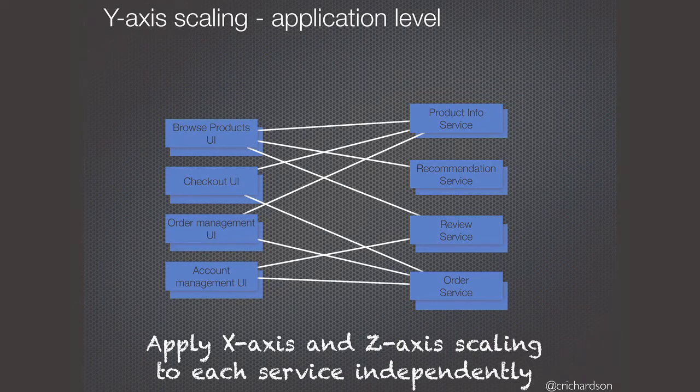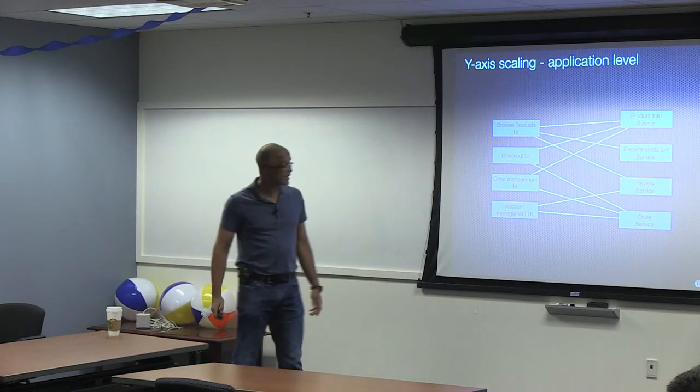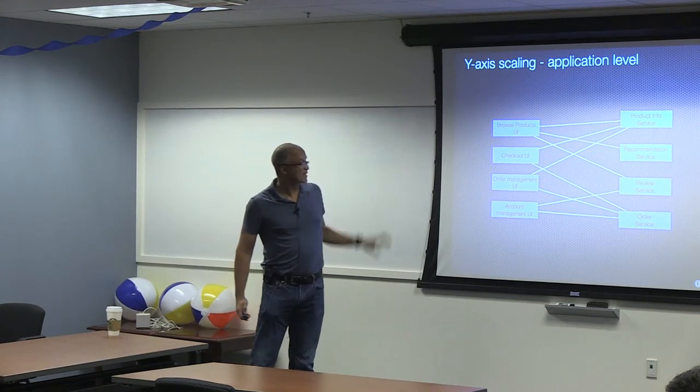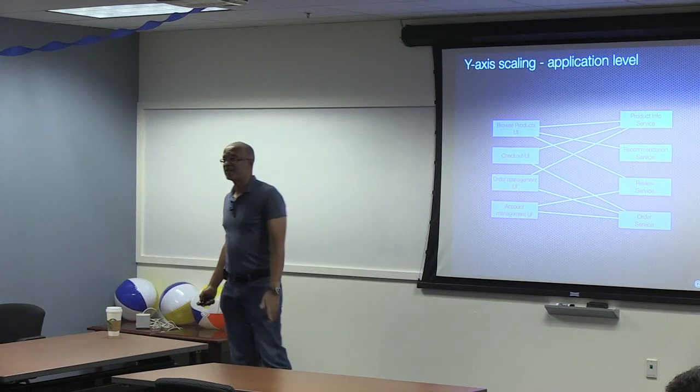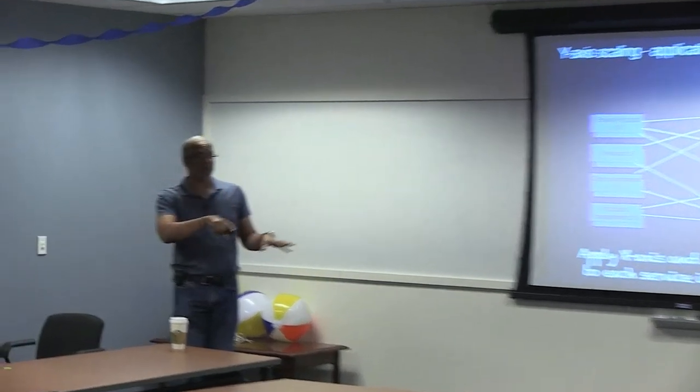So you have several mini web apps, each one implementing one small part of the UI: the browsing, the checkout, the order management, and so on. So we've applied y-axis scaling, and then you can also apply x and z-axis scaling to each one of those services independently so they can meet their scalability requirements. So that's our modern application architecture.